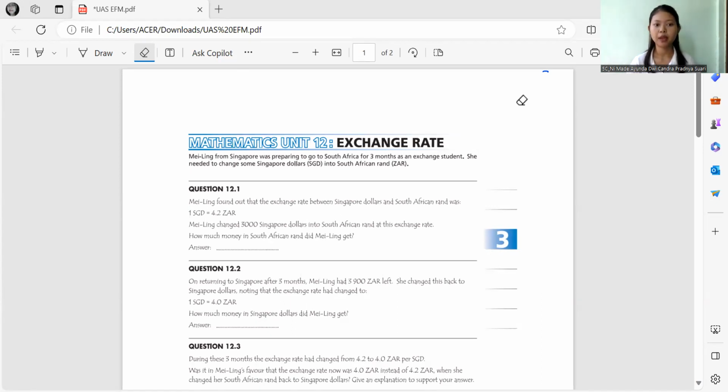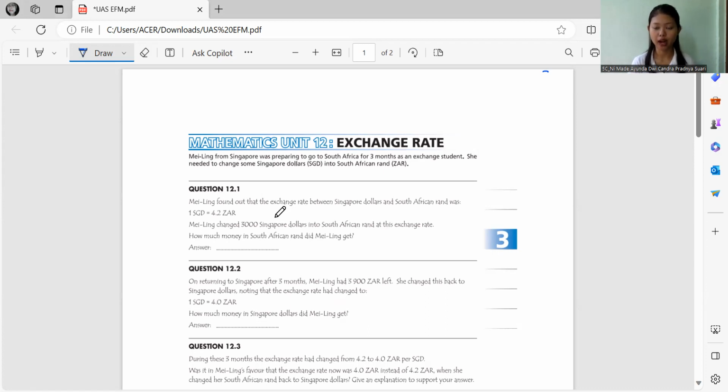So, the problem is Mei from Singapore was preparing to go to South Africa for France as an exchange student. She needs to change some Singapore dollars, or SGD, into South African rand, or ZAR.